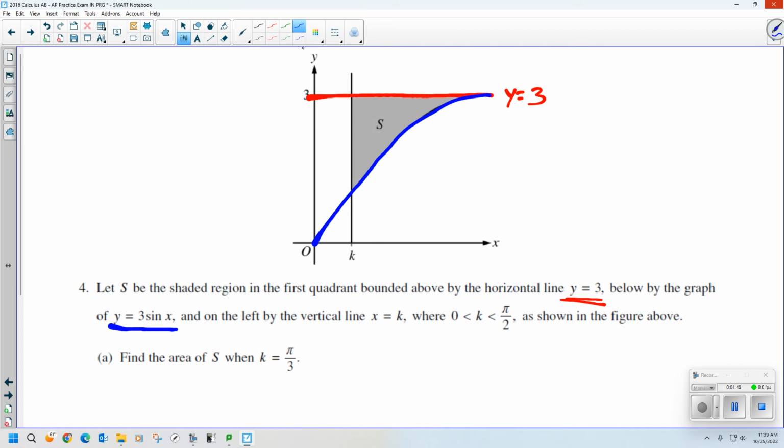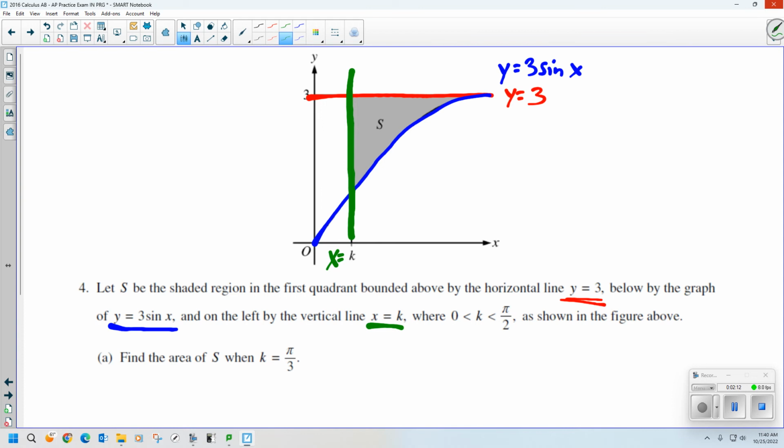We have the vertical line x equals k, that's this line right here where x equals k, and that's my lower limit.